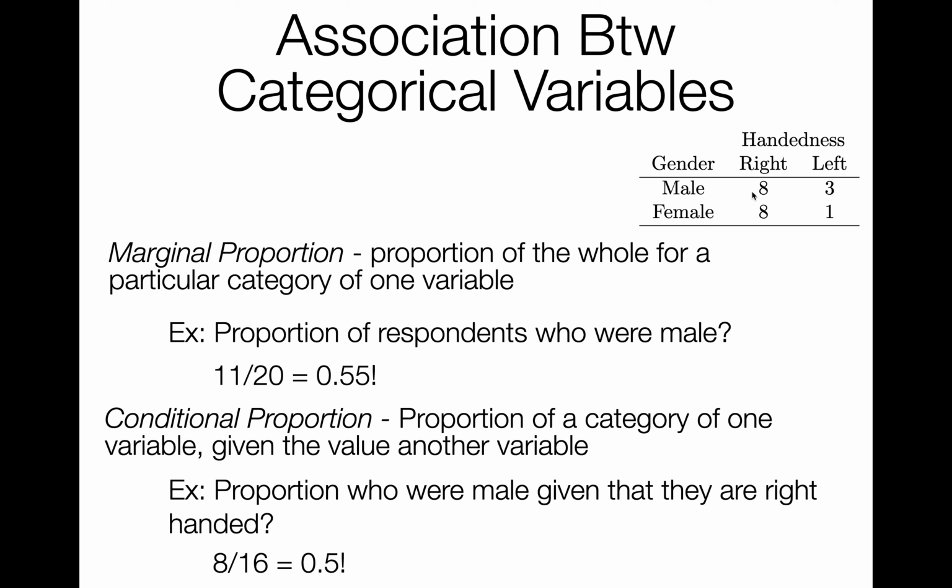It's 8 out of 16, or 0.5. 50% would be the percent, and I'd say that the probability of that happening is 0.5, or 50%. So that is marginal and conditional proportions. I will expect you to calculate these for a given contingency table.